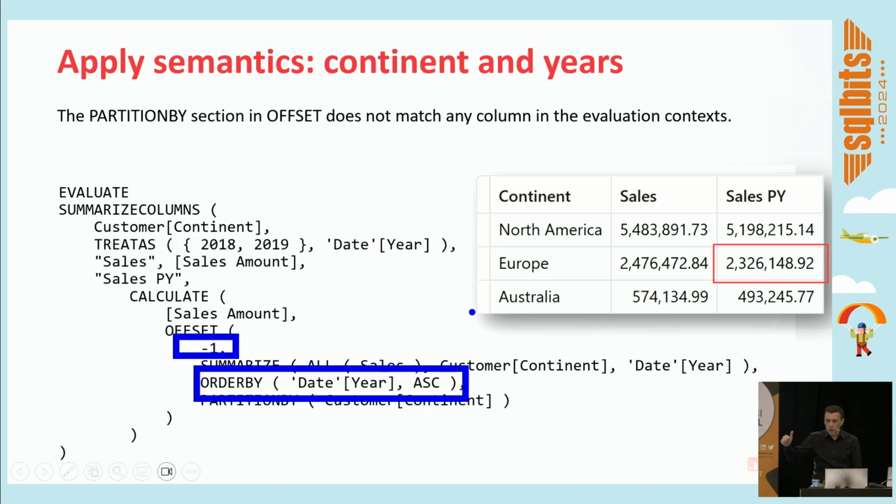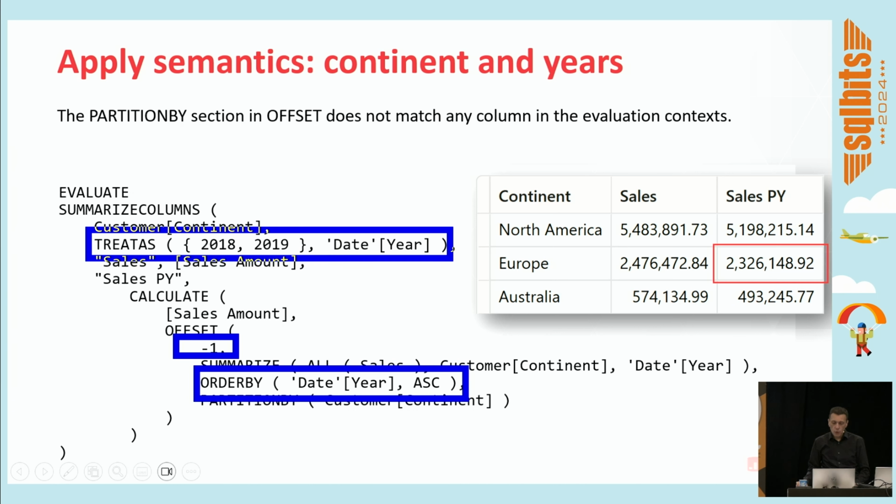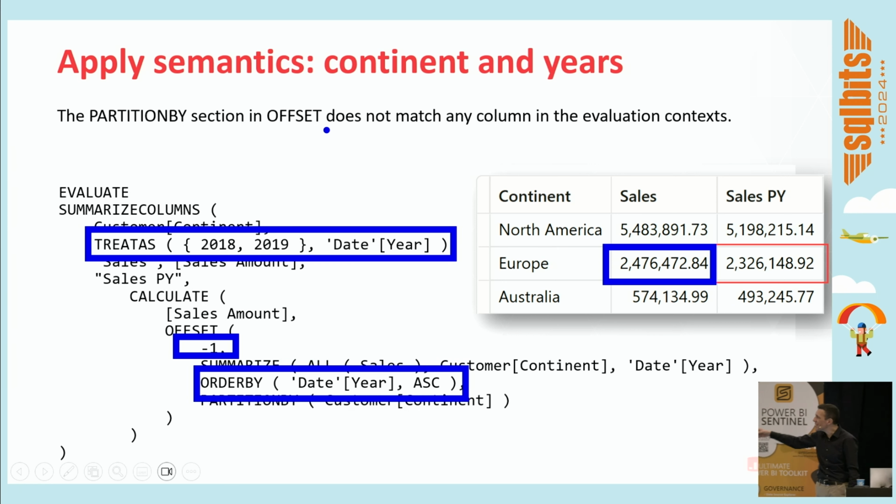I have in the visual only continent, sales, and then I have sales previous year. Yes, I have a filter only for 2 years here. What does it mean? The value of sales in Europe here is 2018 and 2019. But as you see, sales previous year provided a number, but what is this number? What does it mean, right?